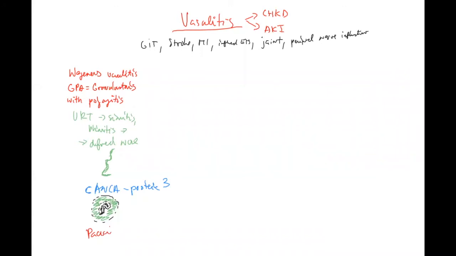But if you check the glomerulus, you won't see obvious immunoglobulins or complexes in the glomeruli because there are only few of them, okay? So basically, pauci-immune is you don't see the Ig deposits on conventional microscope, okay?